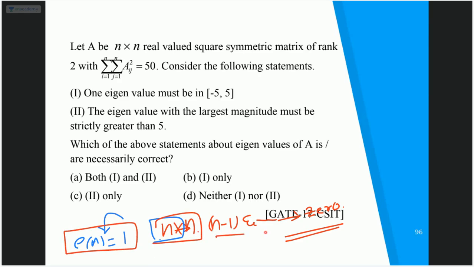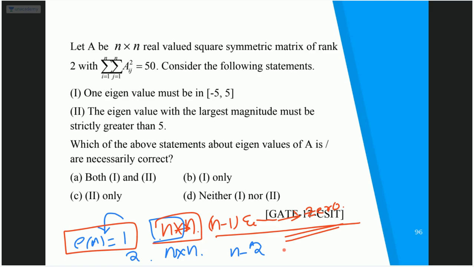N minus 1 eigenvalues are 0. Suppose the rank of the matrix is 2. Matrix is n cross n. Then how many eigenvalues would be 0? That is my question. If rank is 1, n minus 1 eigenvalues are 0. If rank is 2, n minus 2 eigenvalues would be 0. Catch my point?